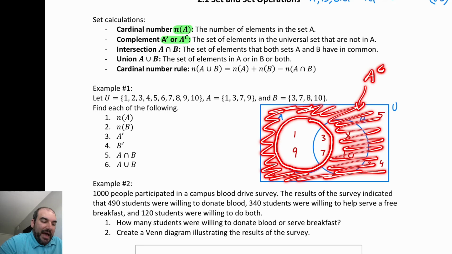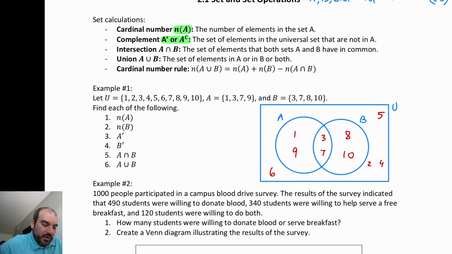Okay, so it's everything outside of A. So if we're trying to figure out what the elements are outside of A, or in A complement, we would say don't include anything in here, just take everything outside of A. Okay, so that's A complement.